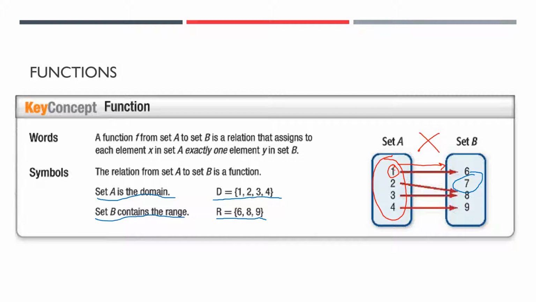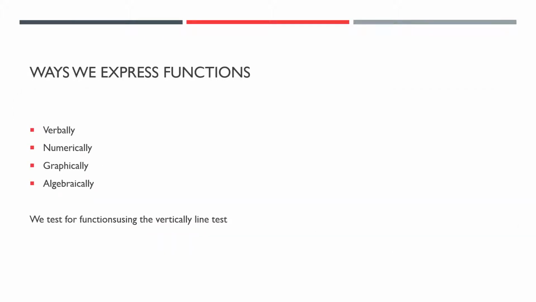Let's try it with an example. Well, before we can do an example, we have to explain about functions. We express functions in different ways. We can express a function verbally. So I can tell you the output value is 2 times the input value plus 3. And that means that's 2x plus 3 of whatever x is when you plug it in.